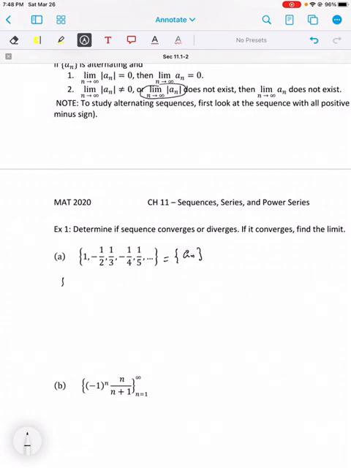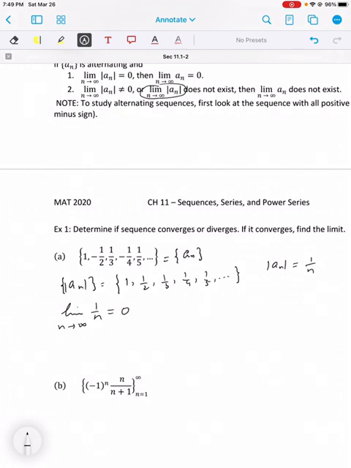So what will be the sequence with an absolute value? This will be 1, 1 over 2, 1 over 3, 1 over 4, 1 over 5, and so on. So you can see that the absolute value of a sub n is going to look like 1 over n. So now we find the limit of 1 over n as n goes to infinity, and this comes out to be 0, we know that.